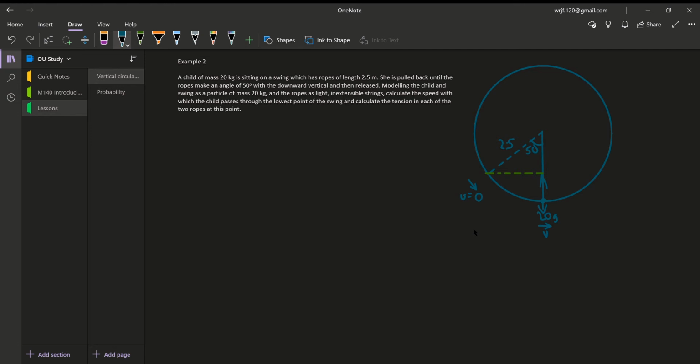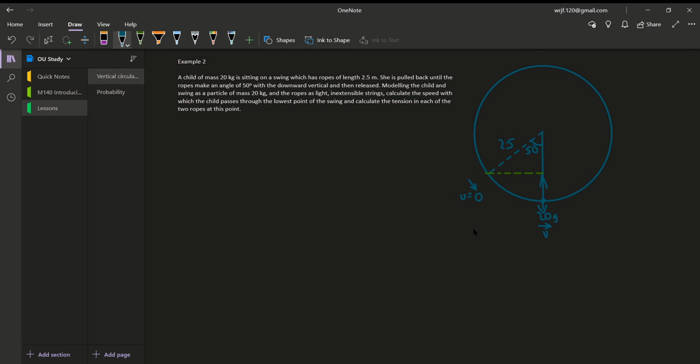It might be when one of the forces disappears if you're looking at leaving the circle. So generally speaking, I would normally start off with energy, and then I'd have a look at forces after that.